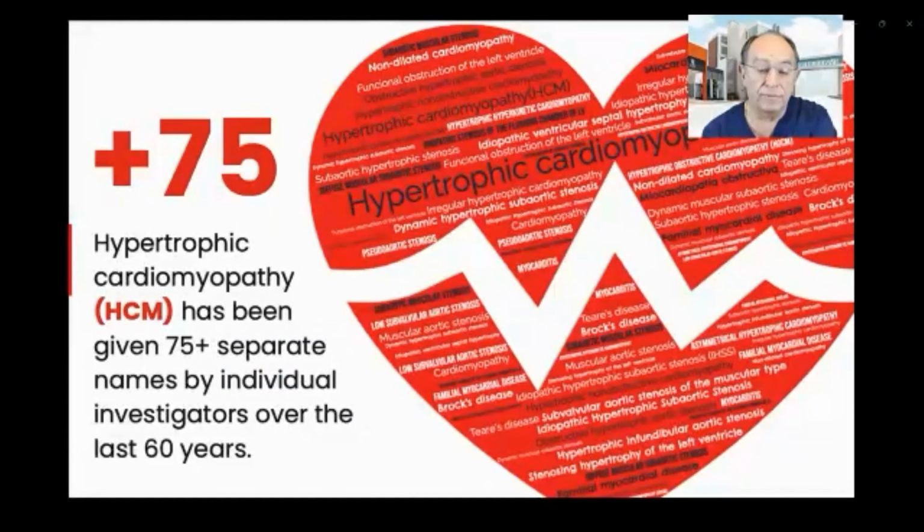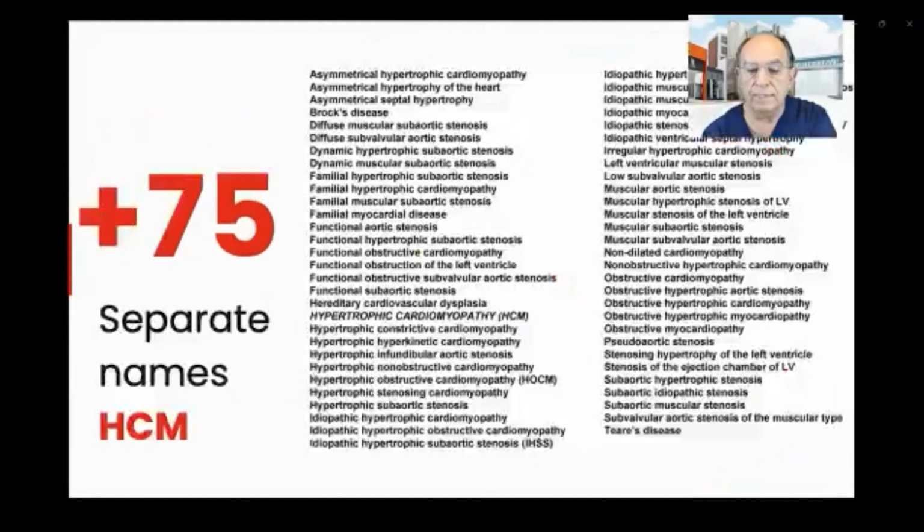Right now I find 75 different names for the same disease, and finally, after a lot of discussions and a lot of studies, the decision was to use the most common name, hypertrophic cardiomyopathy, used right now in most of the papers in the world.